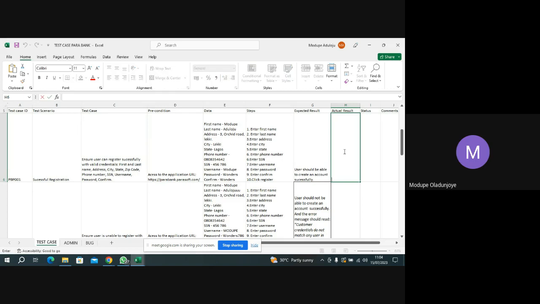Successful. Pass. No, that would be your status. What's the expected result? User should be able to create an account successfully. The actual result, sometimes some people just shorten it and say as expected, or say user was able to successfully create an account. Okay.